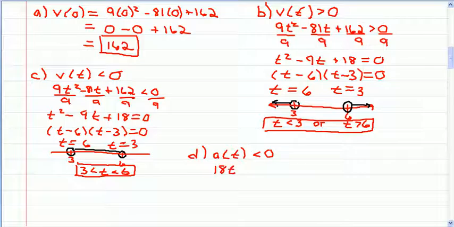So I take the acceleration function, 18t minus 81 is less than 0, and I solve for t.